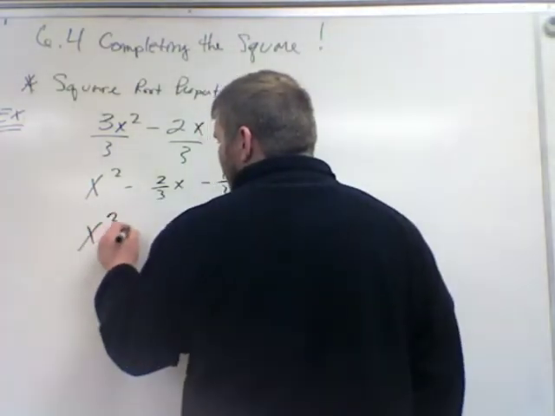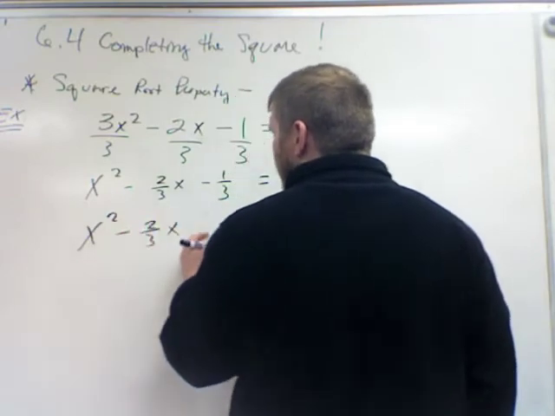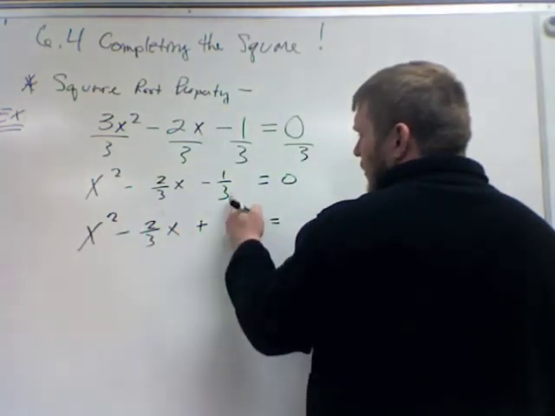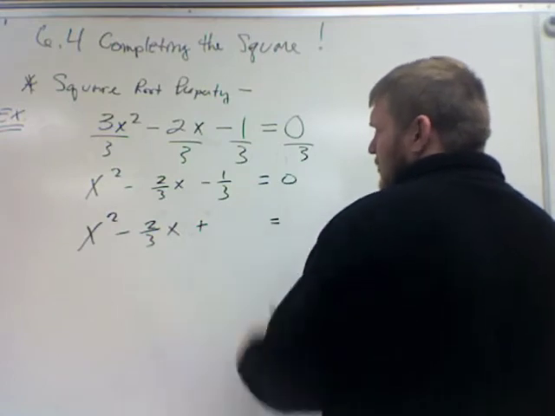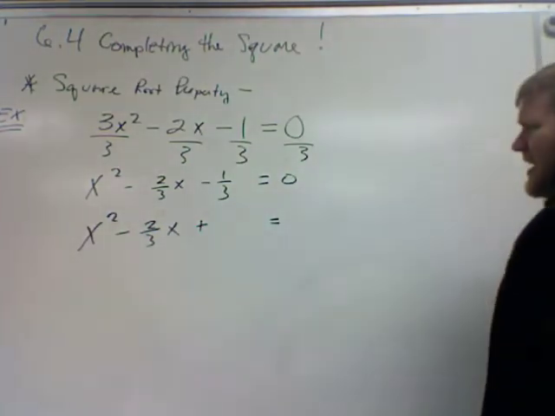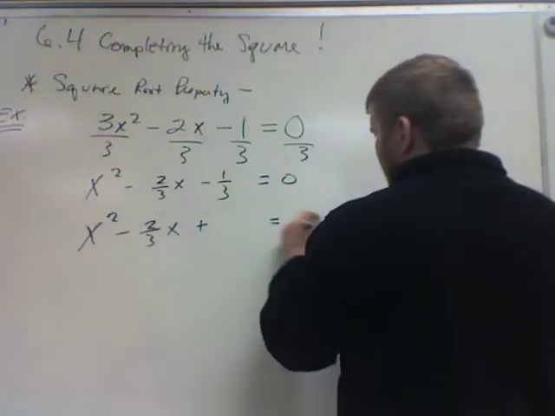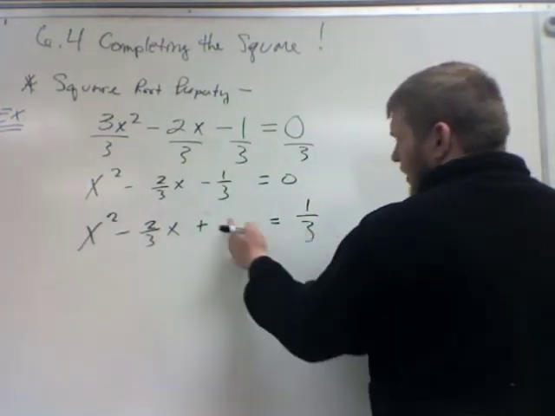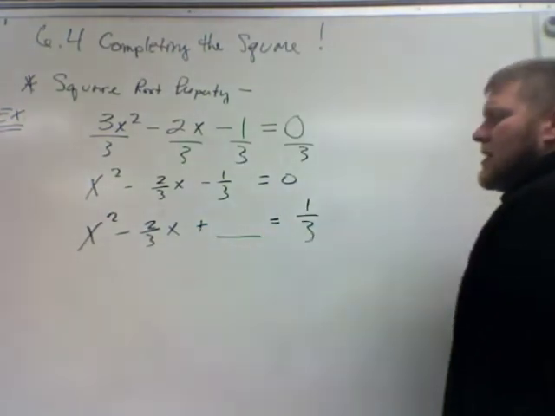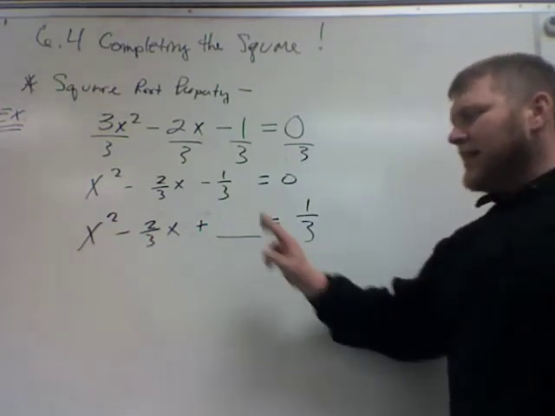Okay, so the first step, what I like doing, is taking this value, since it's not a perfect square, and moving it to the other side, and I'm going to call it positive 1/3, obviously, and then this is a space. So my goal is to figure out what goes in this space right here.